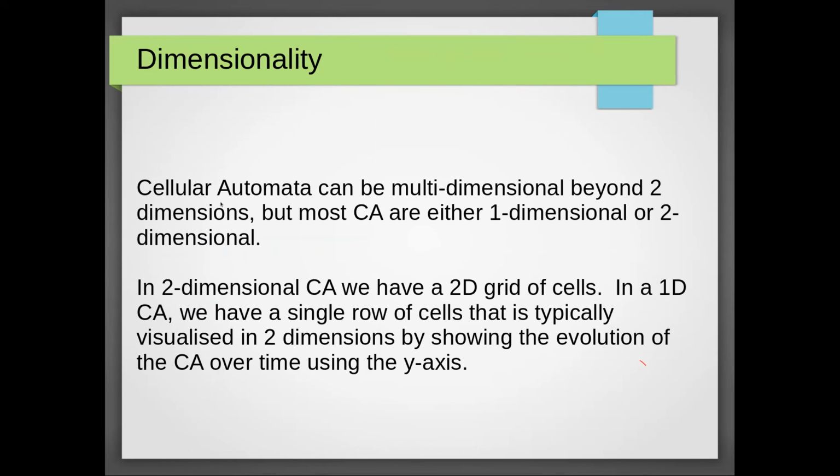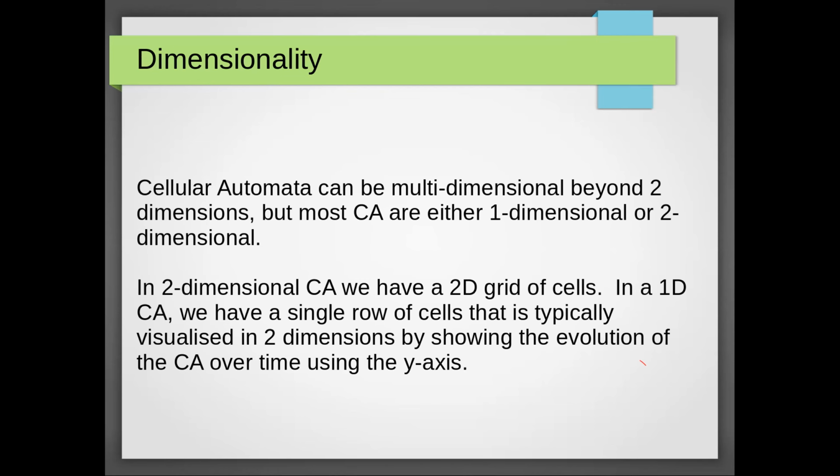So I mentioned that cellular automata can be multidimensional beyond 2 dimensions, but that most are either one-dimensional or two-dimensional. In a two-dimensional cellular automaton, we've got a 2D grid of cells, but in a one-dimensional cellular automaton, we have a single row of cells. We typically visualize that in 2 dimensions by showing the evolution of that automaton over time using the y-axis.